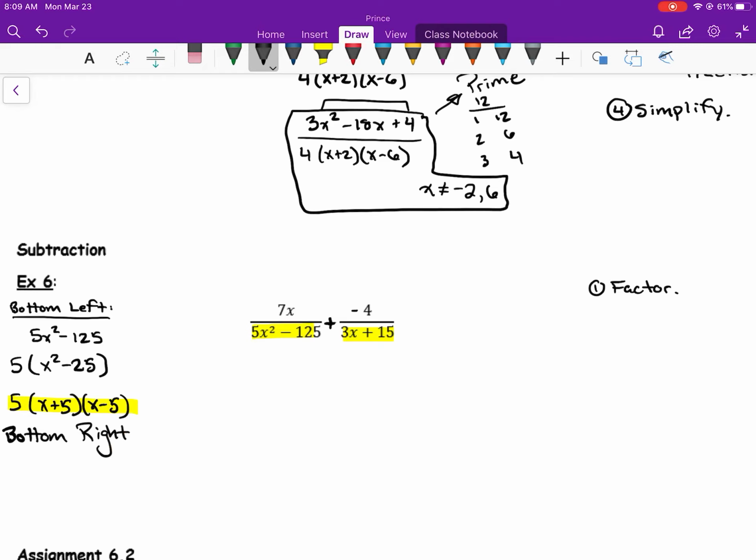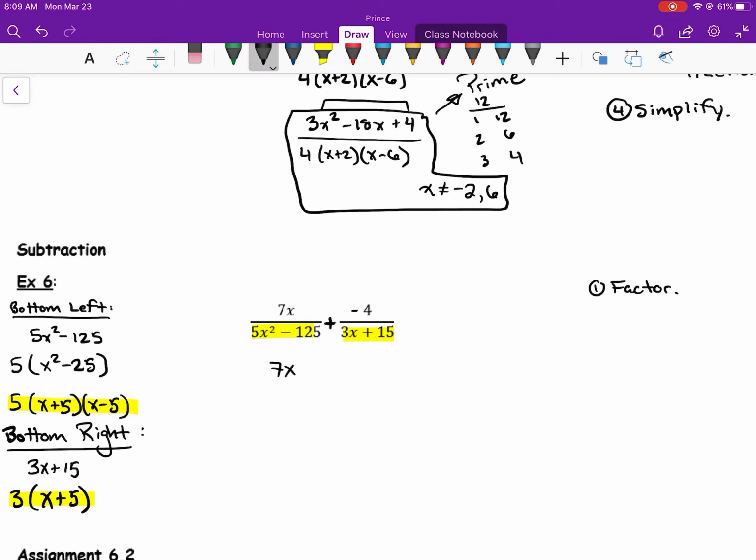Bottom right. Is 3x plus 15. Greatest common factor is 3. So you get 3 and x plus 5. Boom.